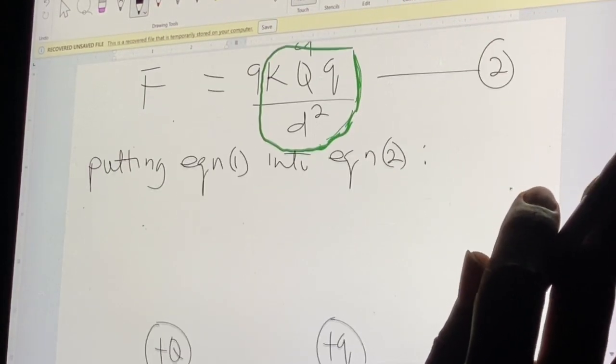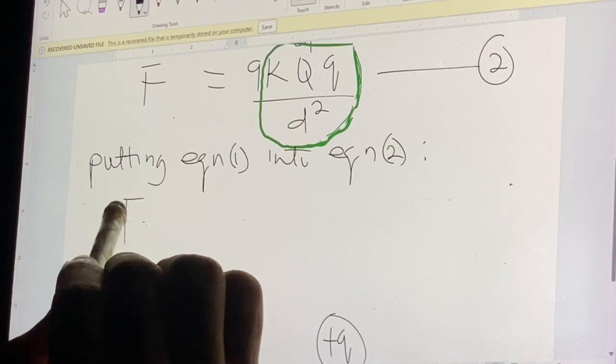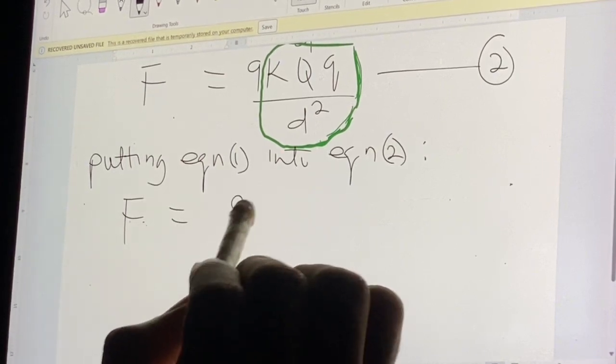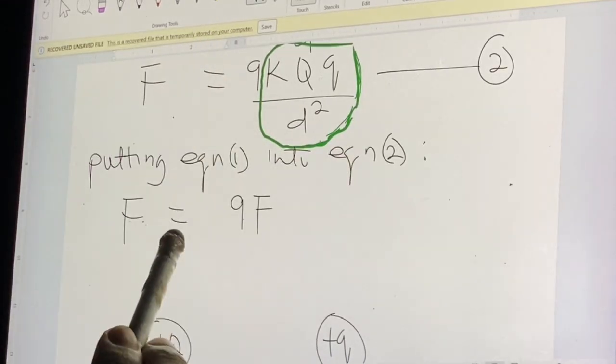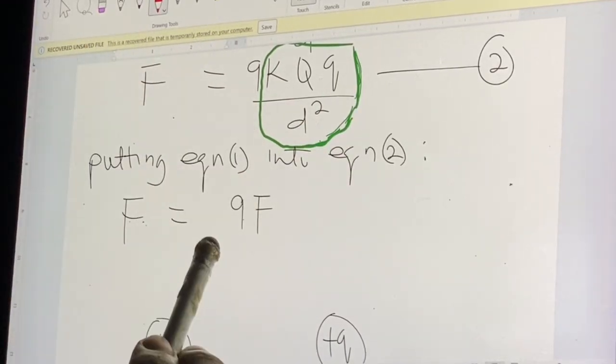When you do that, F is equal to 9F. So the answer to this question here is this.